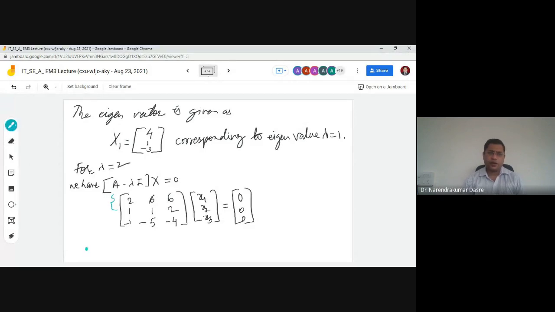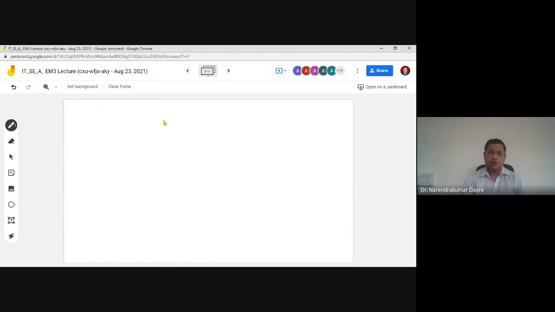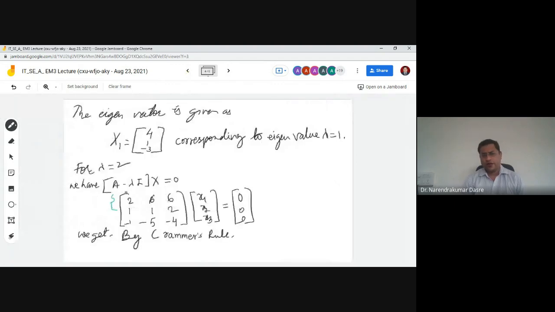So we get by Cramer's rule, x1 upon. When I consider x1, that means we have to remove the first column.